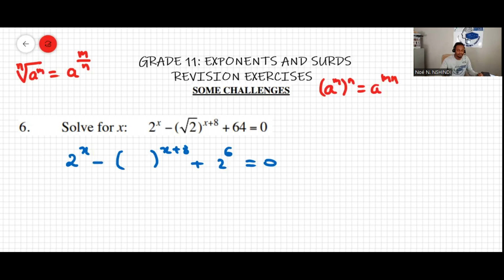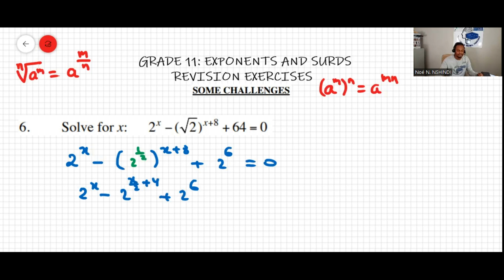Now, square root of 2 will be 2 to the power of a half. Now, this will be 2 to the x minus 2 to the x over 2 plus 4 plus 2 to the 6. Then, what can we do here?